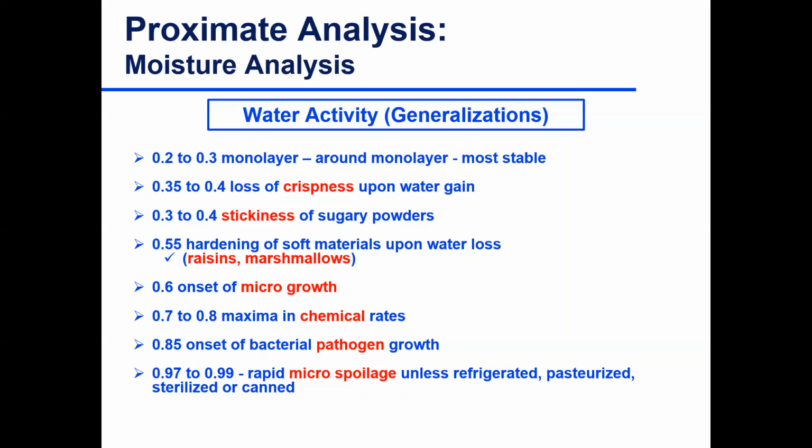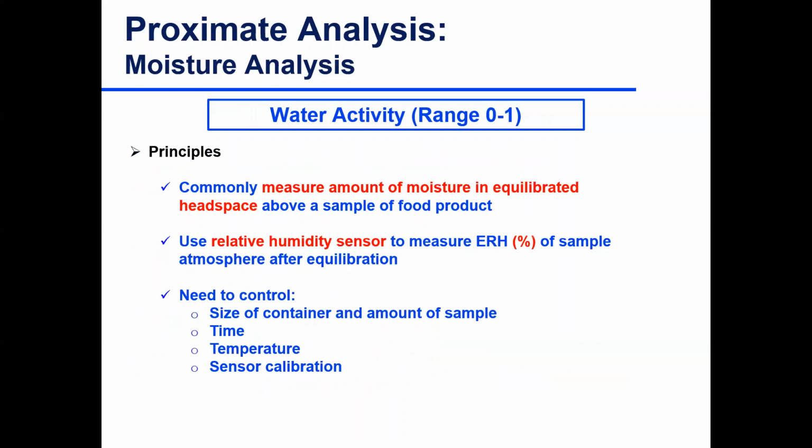It is extremely important to them what that water activity is, in defining chemical reactions and microbial growth. So water activity ranges from 0 to 1. You measure the amount of moisture in the equilibrated headspace above a food product.